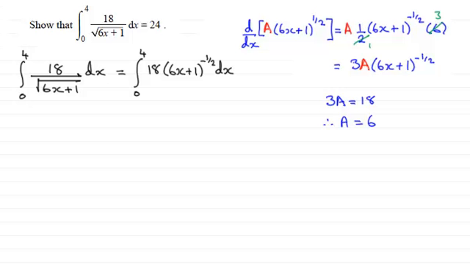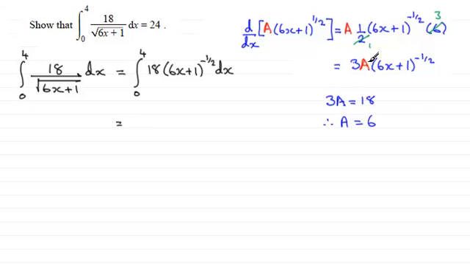So now I know that if I had 18 times 6x plus 1 to the minus a half, which I've got, I must have differentiated a, being the 6, times 6x plus 1 to the power half. So the integral of this then is 6 multiplied by 6x plus 1 to the power a half.